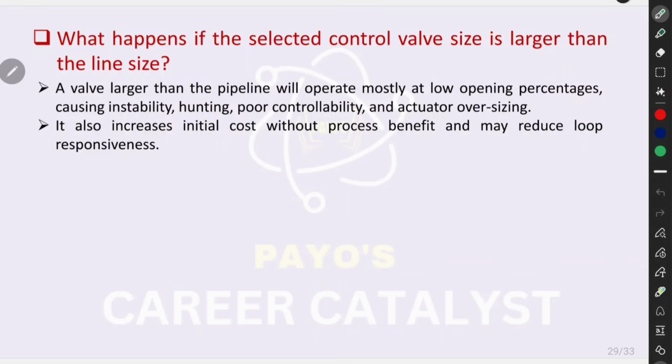What happens if the selected control valve size is larger than the line size? A valve larger than the pipeline will operate mostly at low opening percentages, causing instability, hunting, poor controllability, and actuator oversizing. It also increases initial cost without process benefit and may reduce loop responsiveness.